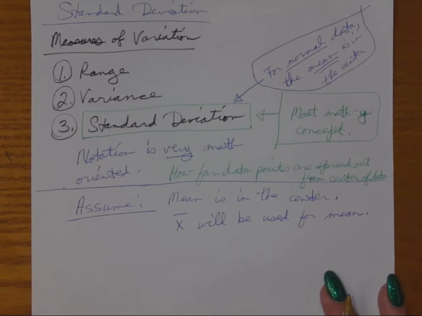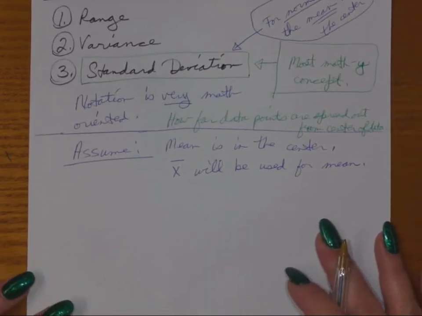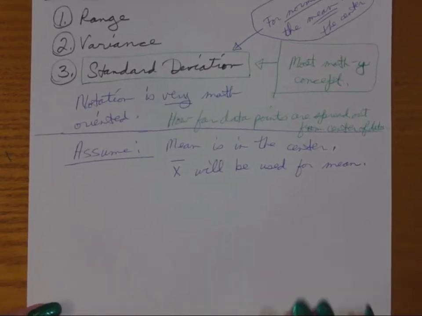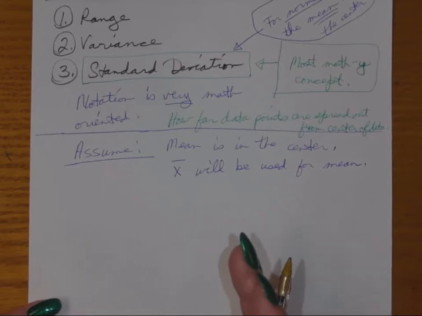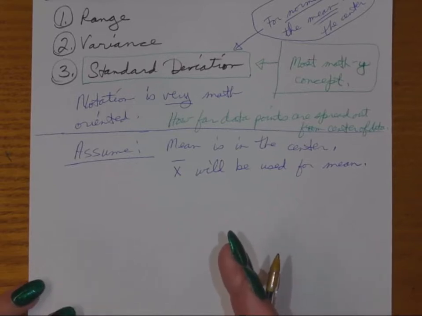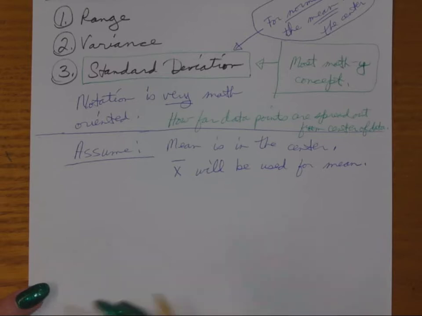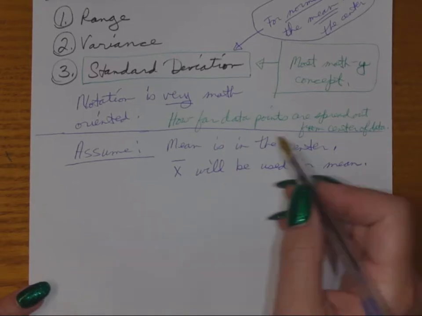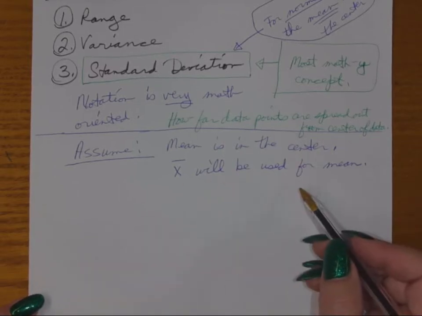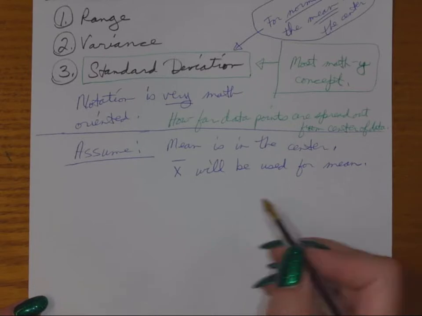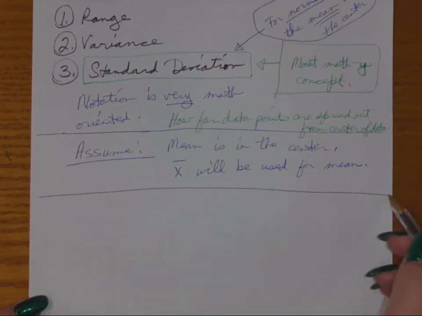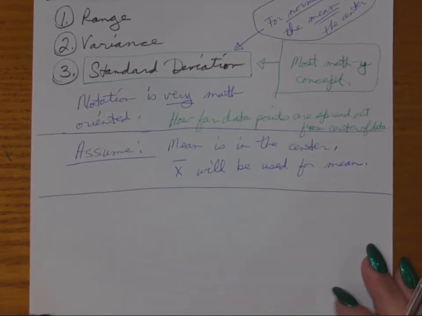We're not dealing with census data on the entire population. We're always dealing with samples. So for our purposes, we are going to be dealing with normal data and a sample. So we're going to be dealing with X bar for the mean.